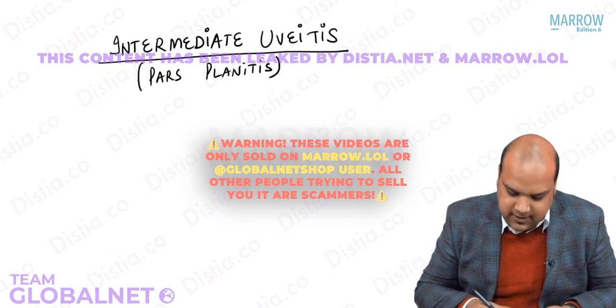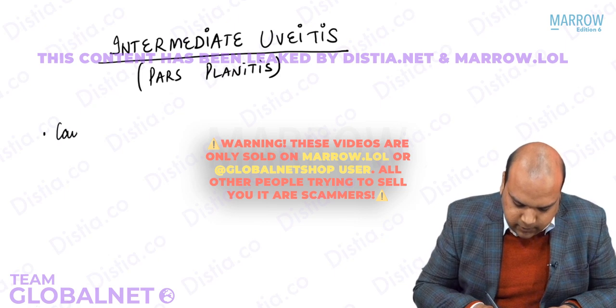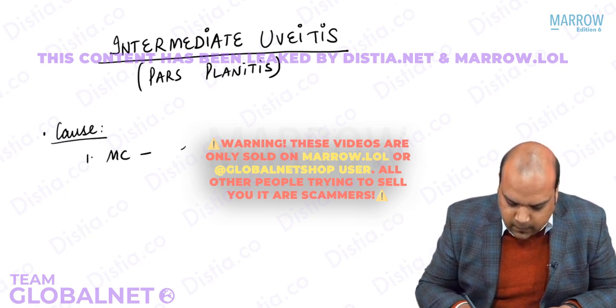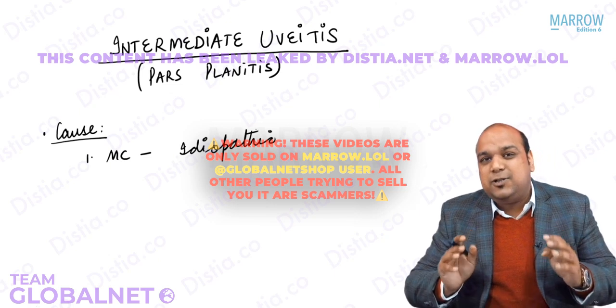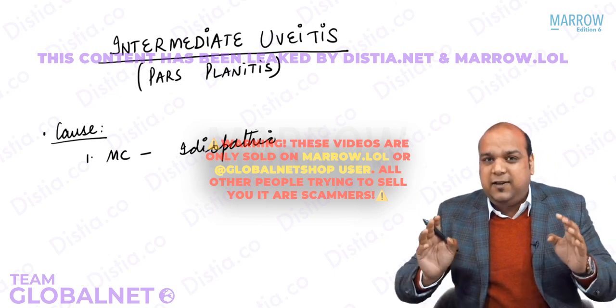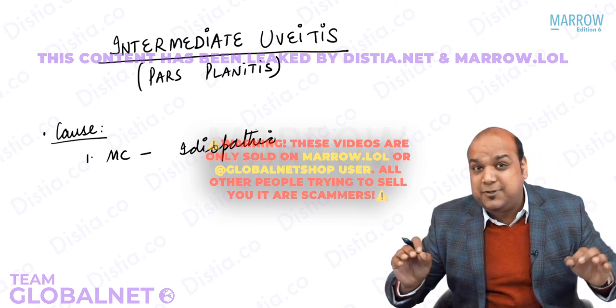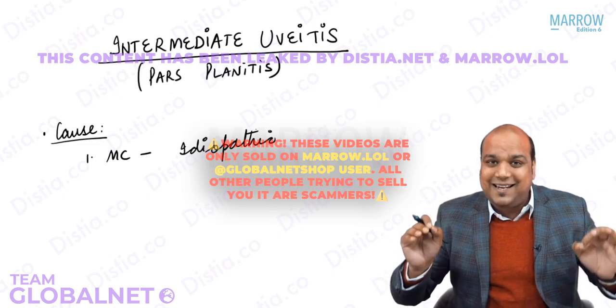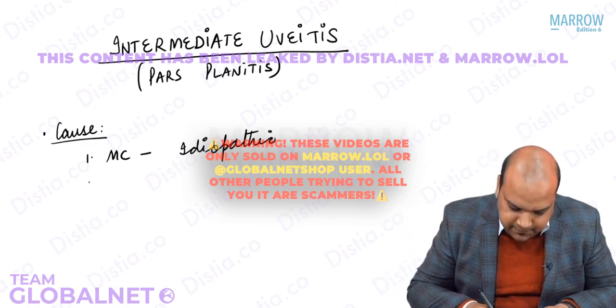No confusion? Now, first of all, if I talk about the cause, the most common cause is idiopathic. In almost all the cases of intermediate uveitis, it is very difficult to narrow down onto a systemic association. So we simply say the most common cause is idiopathic.